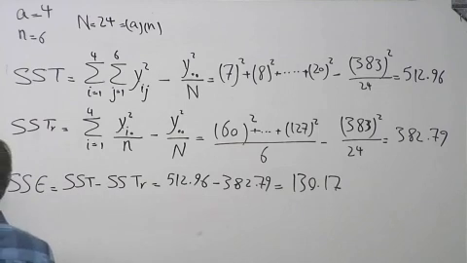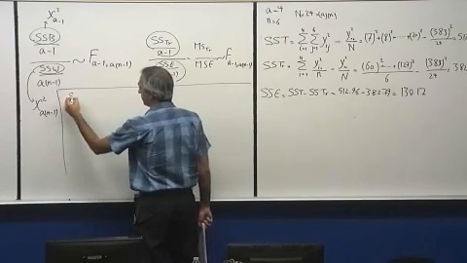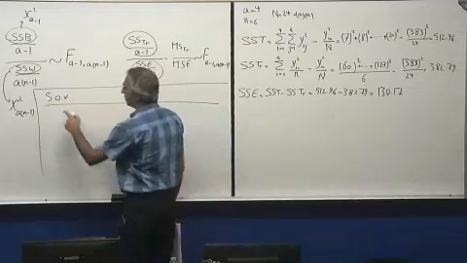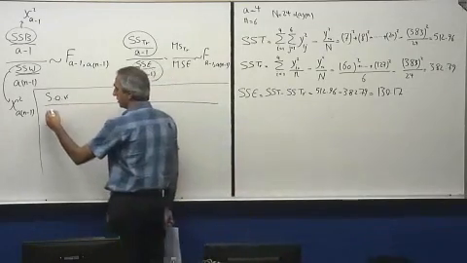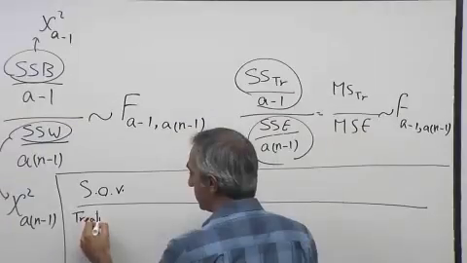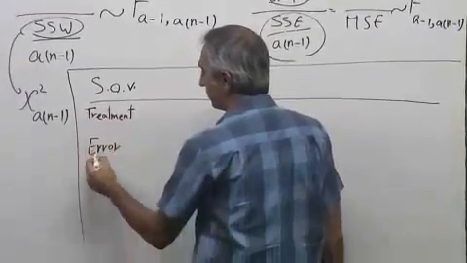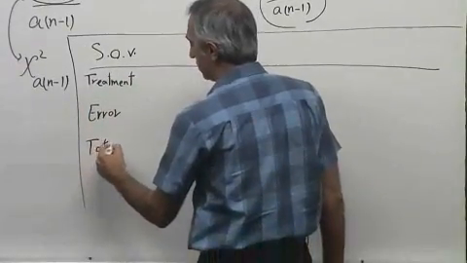Now I need to build my ANOVA table. The sources of variation are treatment, error, and total.